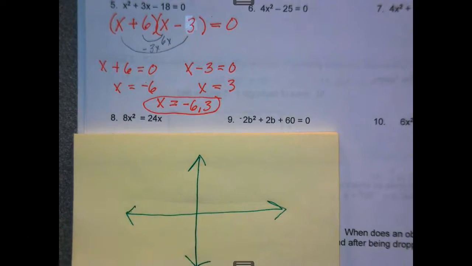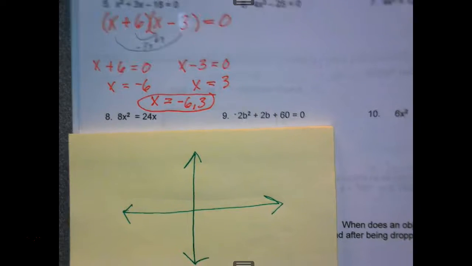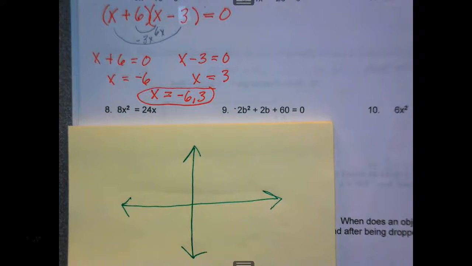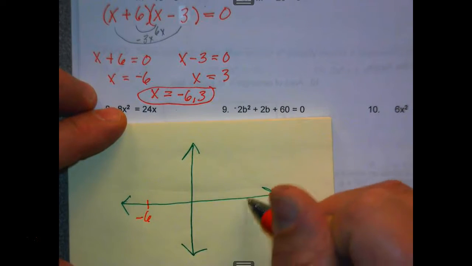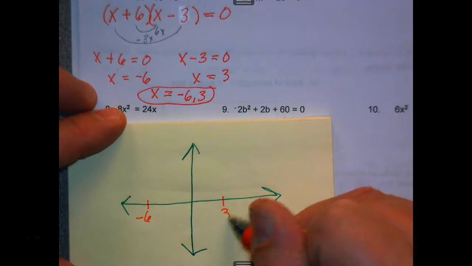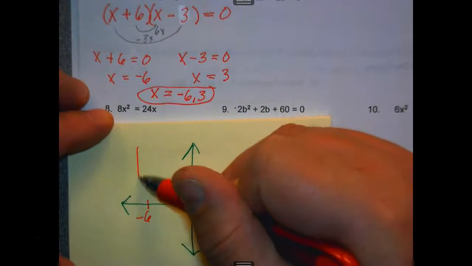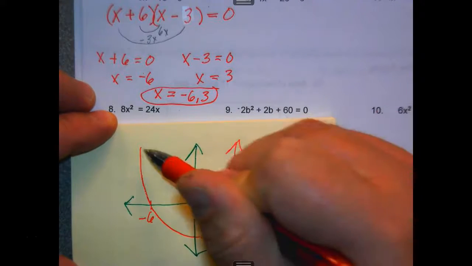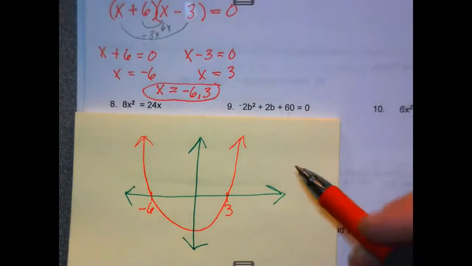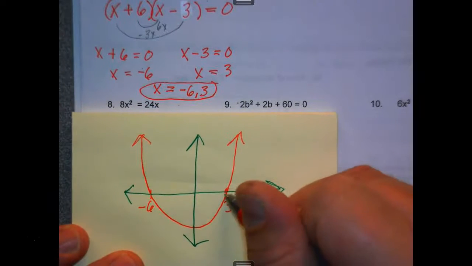Well, first of all, what kind of shape do I have here? Oh, they're the x-intercepts, right? We did it. So I have negative 6 here, and positive 3, and I have my parabola. Those are my x-intercepts. Okay?